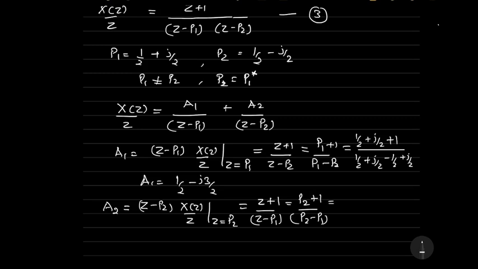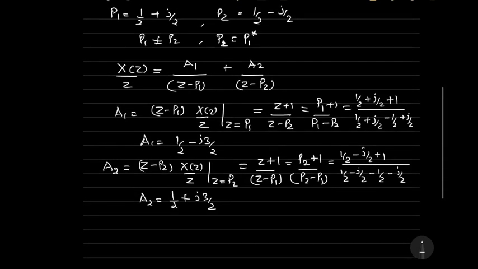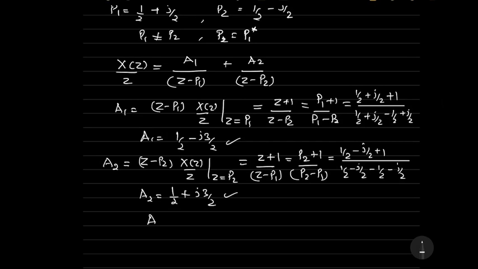Substituting p2 and p1 values, we get (1/2 - j/2 + 1) upon (1/2 - j/2 - 1/2 - j/2). The result we obtained for a2 is 1/2 + j 3/2. As we see, a2 is the complex conjugate of a1. So we can conclude that if p2 is the complex conjugate of p1, then the coefficients a1, a2 follow this relation: a2 is also the complex conjugate of a1.